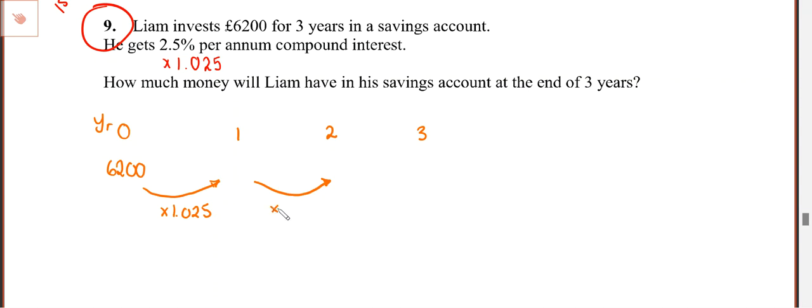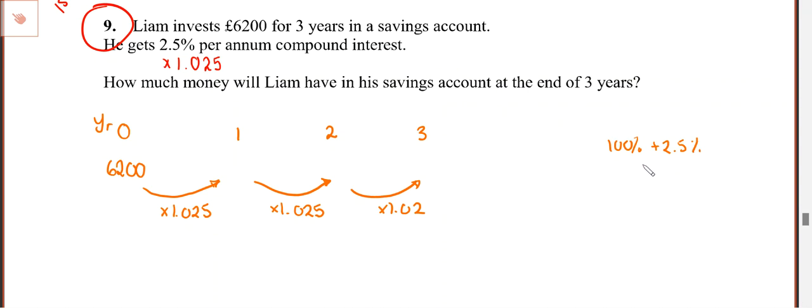Want to explain? So he gets 2.5% means it's going to be increased by 2.5% every time, yeah? So we're doing 100% add 2.5%.